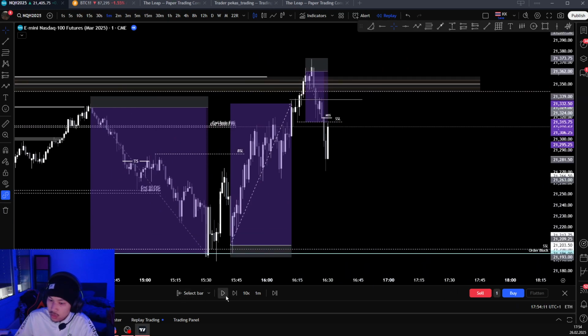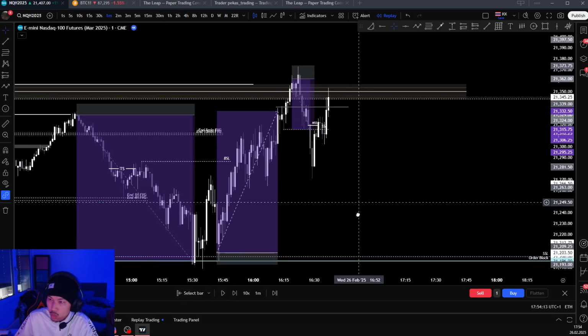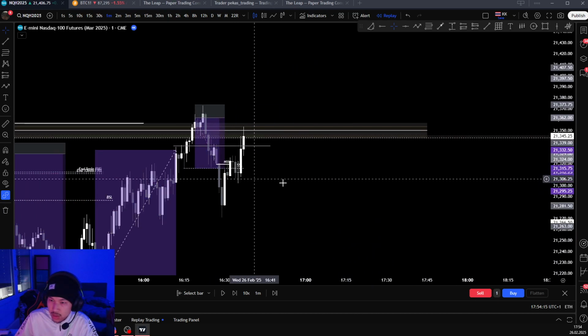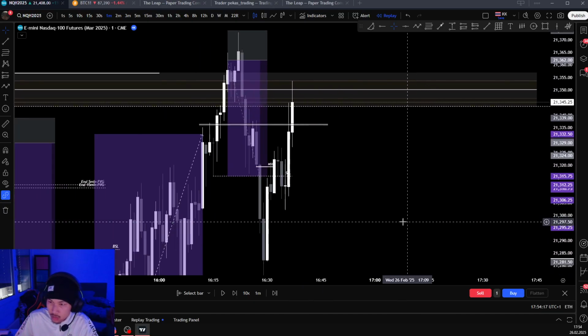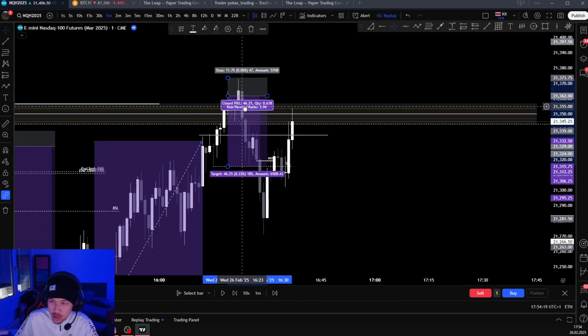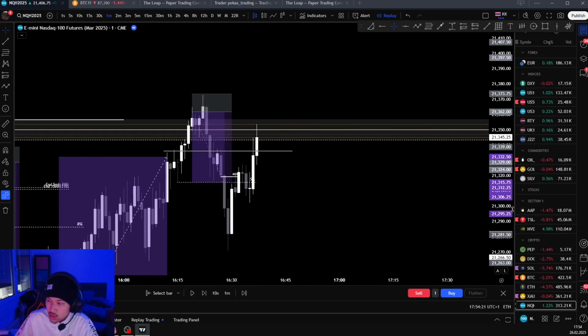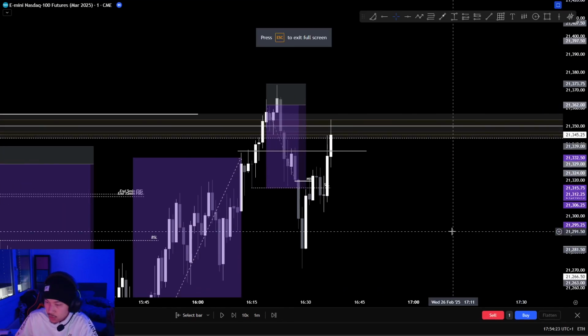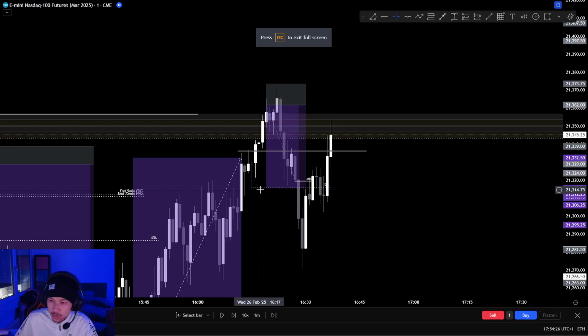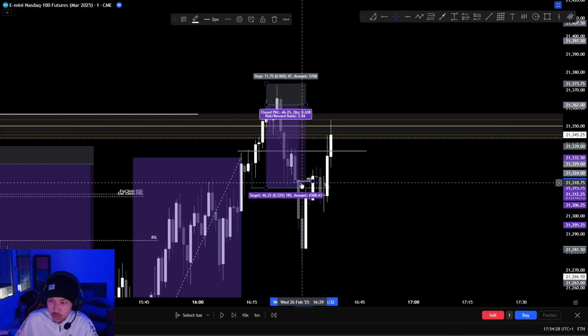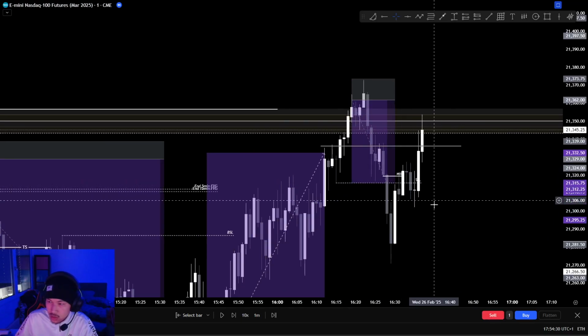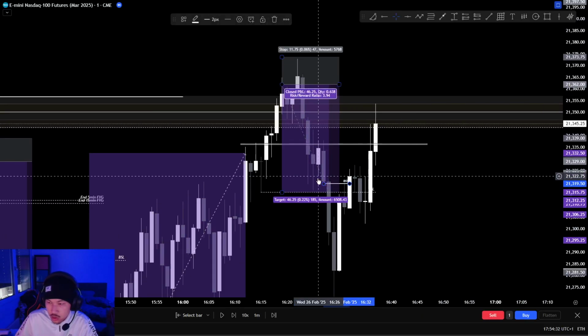And yeah, I also took one little buy here, because we're still bullish after this little retracement. I saw this inverse fair value gap get inversed. Yeah, that's kind of a change of character or market structure for me.